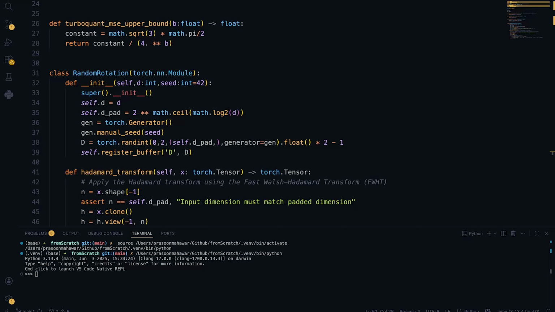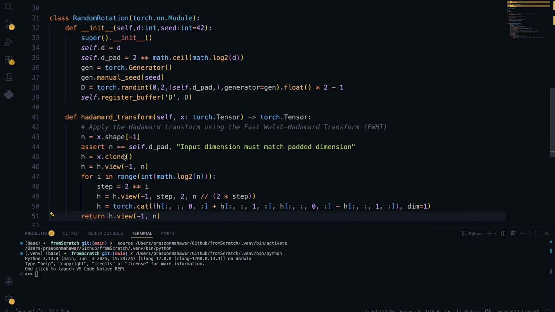So this is the fast Walsh-Hadamard transformation in order of d log d. The Hadamard matrix H satisfies H times H transposed equals d multiplied by I. So H divided by square root of d is orthogonal.